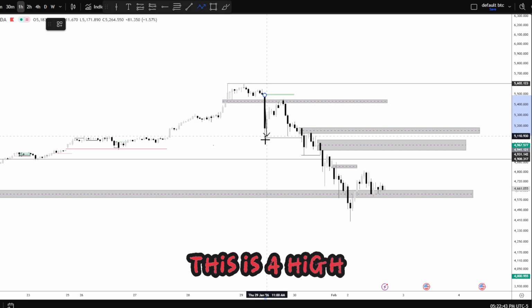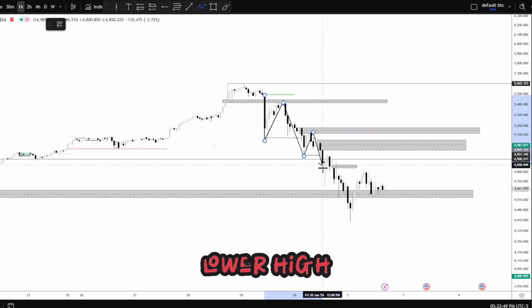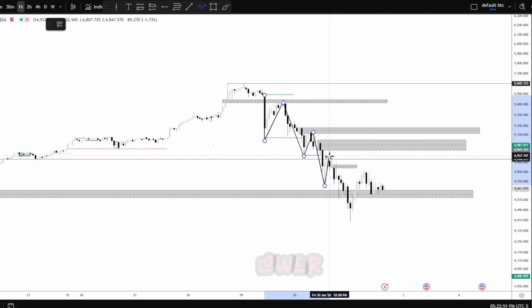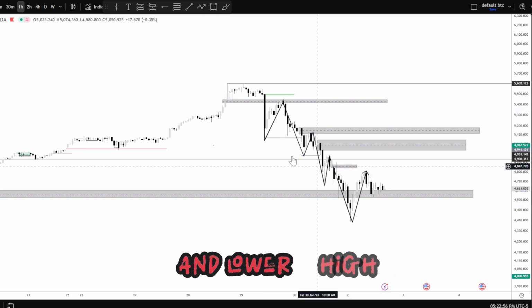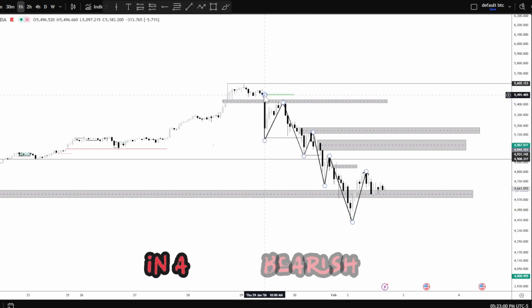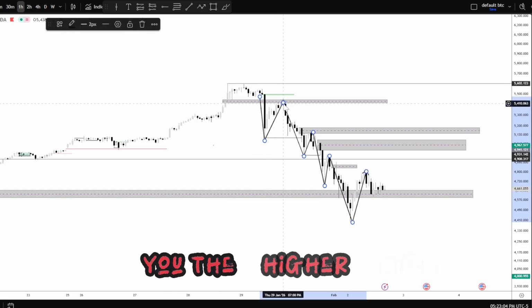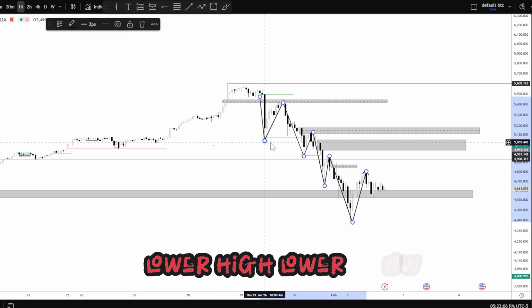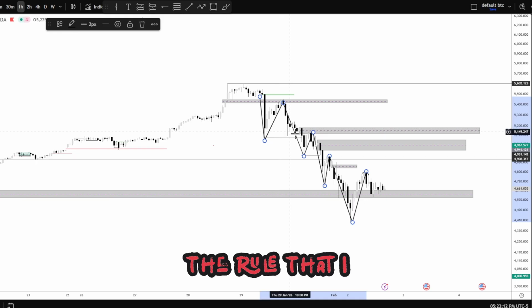This is a high, a low, a lower high, lower low, lower high, lower low, lower high, lower low, and lower high. So you see that the market is moving down in a bearish manner. The market is giving you a higher high, lower high, lower low, lower high, lower low, lower high, lower low, lower high, lower low.